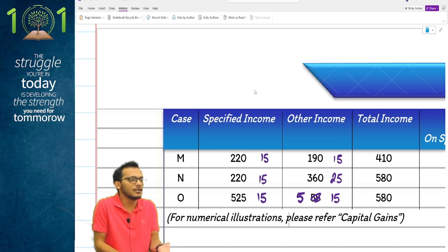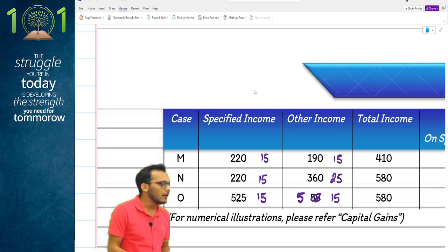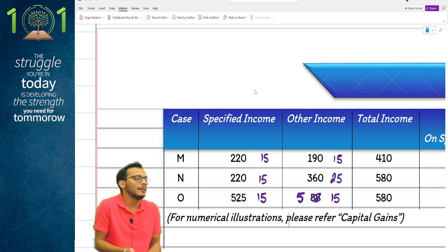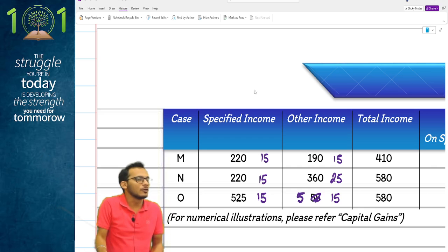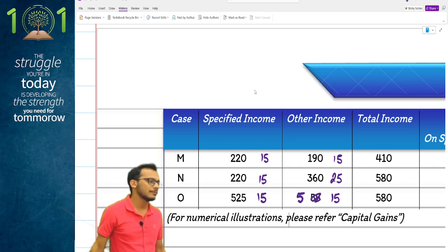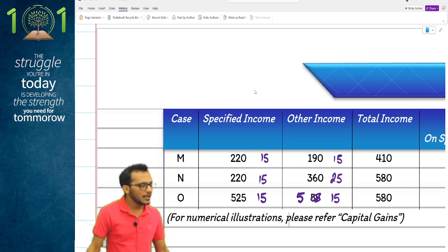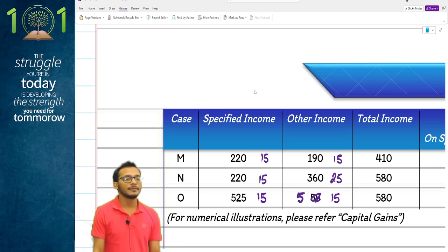When you split, special becomes always 15. Others you will come and say, Rahul, if it is more than 2 crores, 25, more than 5 crores, 37, lesser than 2 crores, minimum 15. Don't come down to 10 and 0. Correct, not correct?